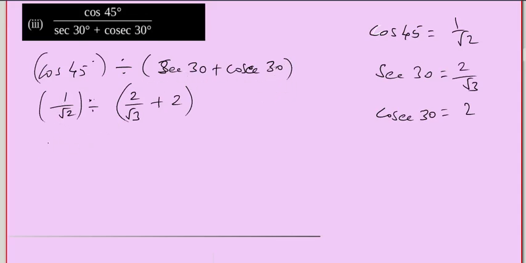Okay. So 1 by root 2. This division what will we do? We can put multiplication, we can write the reciprocal, no? So before doing that, let me simplify this. We'll keep this division as it is and we'll open the bracket. We'll simplify this one. This has no denominator. So we'll take LCM here.